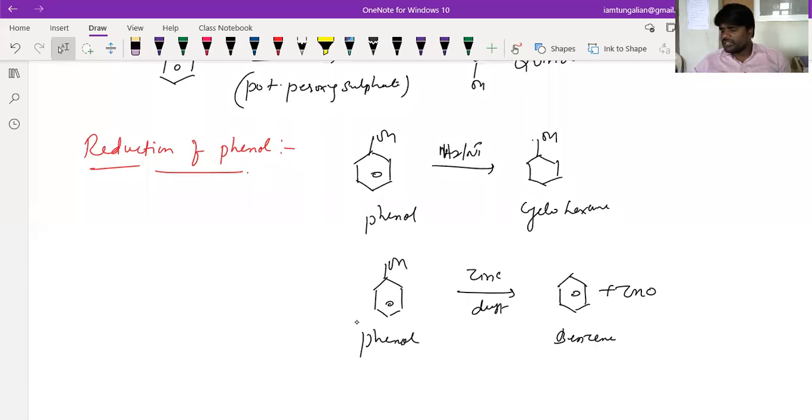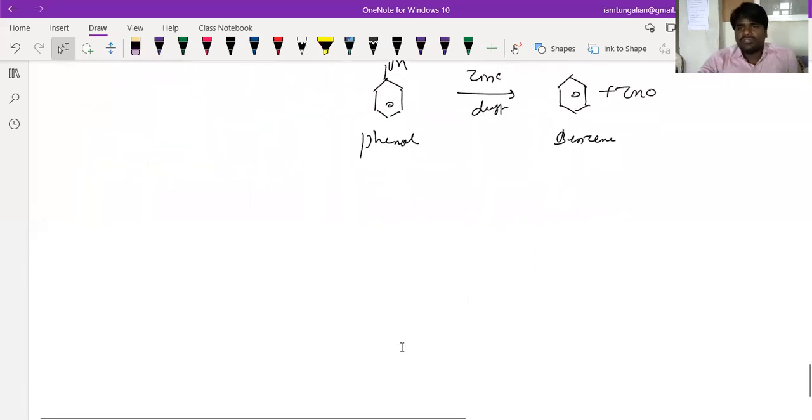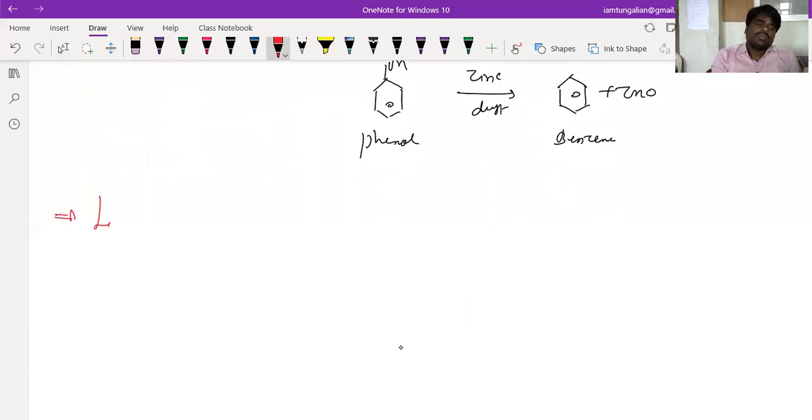One important test to identify phenol is called the Liebermann nitroso test. Or you call it the Liebermann nitroso reaction, or test. This is one of the identification tests for phenol.